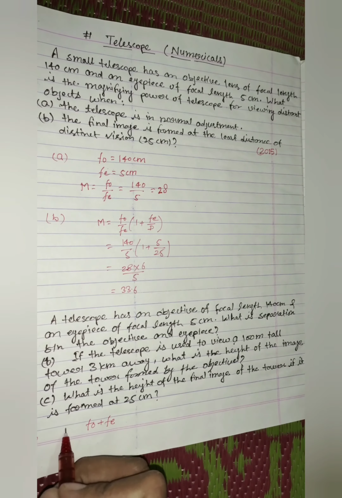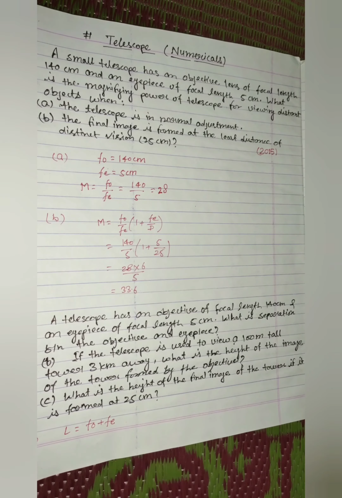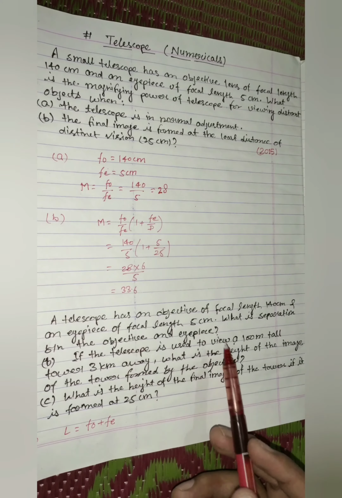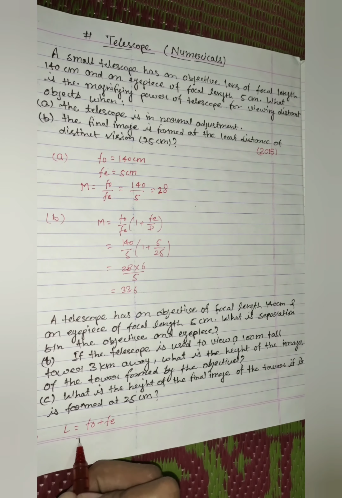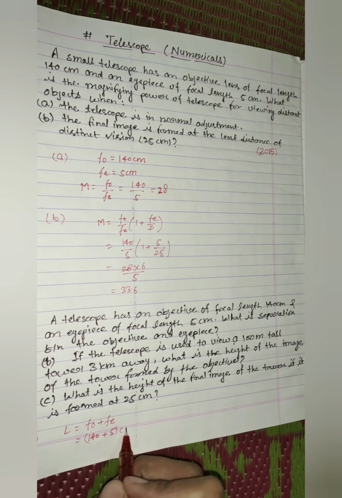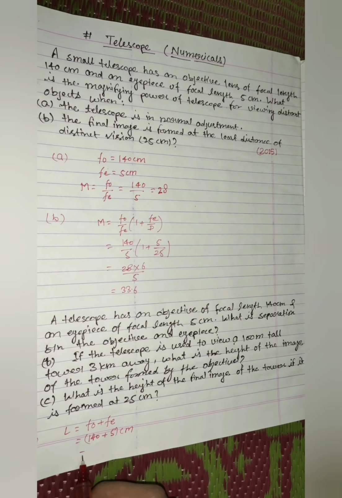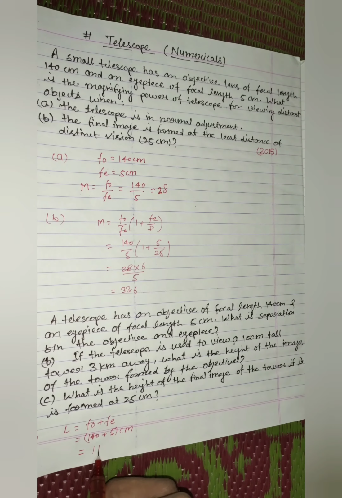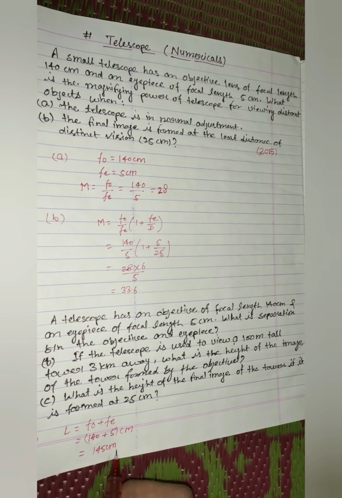So L equals FO plus FE, which is 140 plus 5, giving a separation of 145 centimeter.